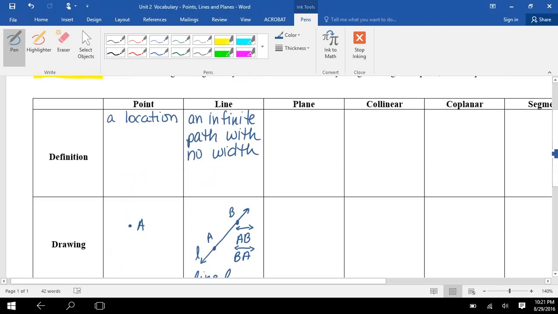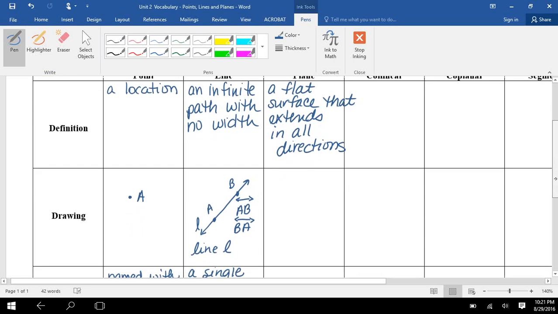A plane is a flat surface extending in all directions forever. Now, since planes and lines go on forever, these are not really things that we can draw very well.